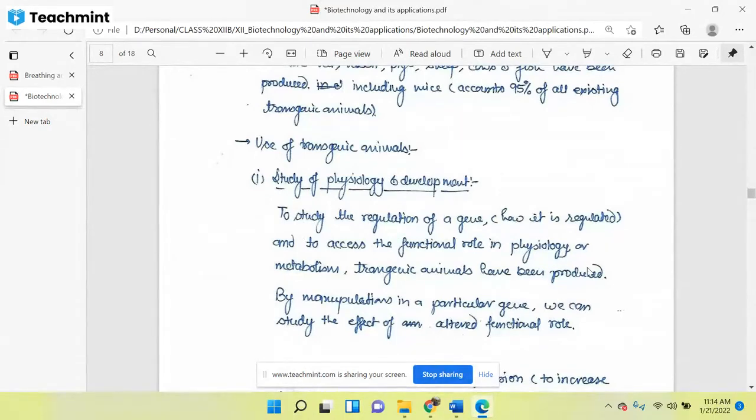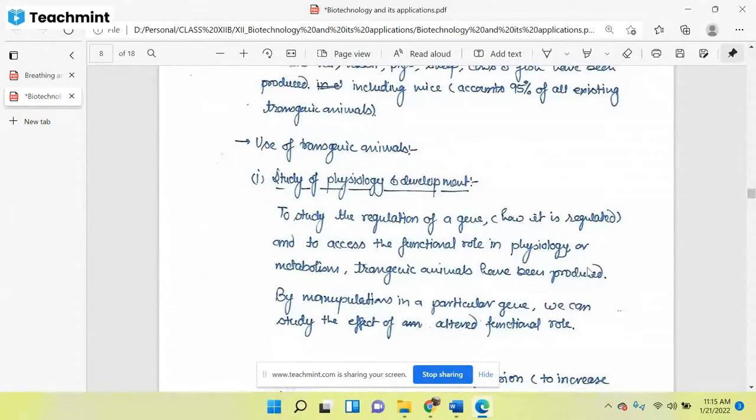So what will we do? We will produce the transgenic animal with altered expression. Either we will delete the expression of that gene, or we will overexpress the gene. Then we will see what is going on as compared to normal. Suppose we have taken a transgenic mice with deleted ADA gene.